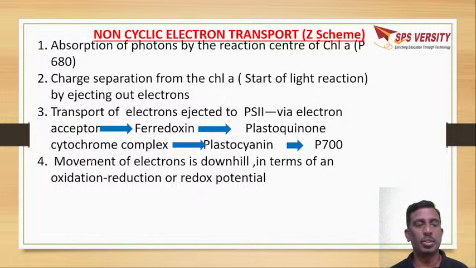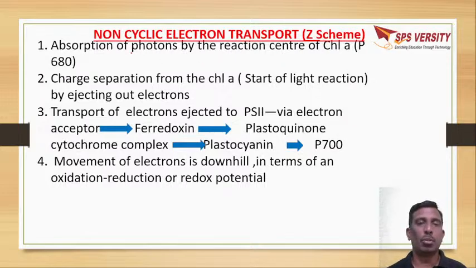In the previous session, we discussed cyclic, where electrons start from PS1 and again reach PS1. Here, non-cyclic is also called the Z scheme. So here electrons will go not in a cyclic way, but in a different pattern.